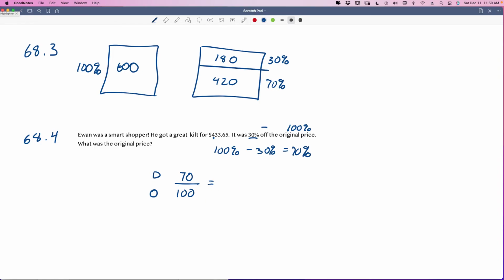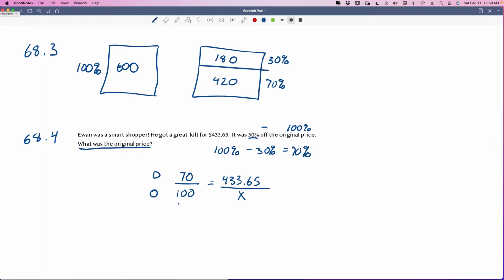The discounted amount that he paid was $433.65. We don't know what the original was. That's what we've got to find out. What was the original price? So this is how we set it up. We know that it's just like a proportion, only we're using a percent to set up our ratio. 70% over 100%.